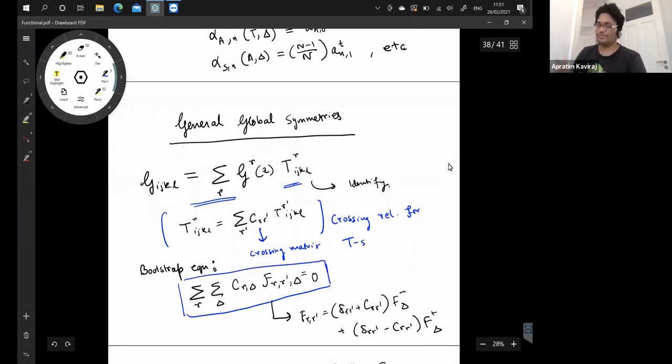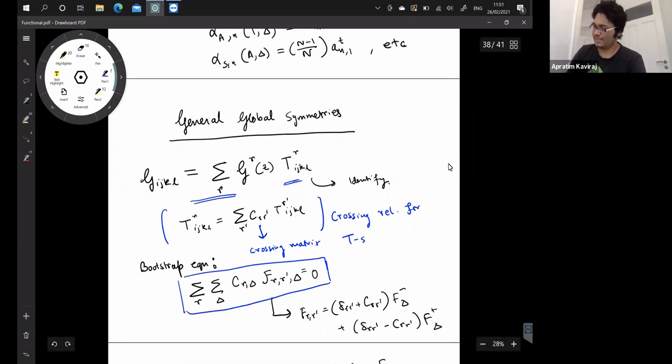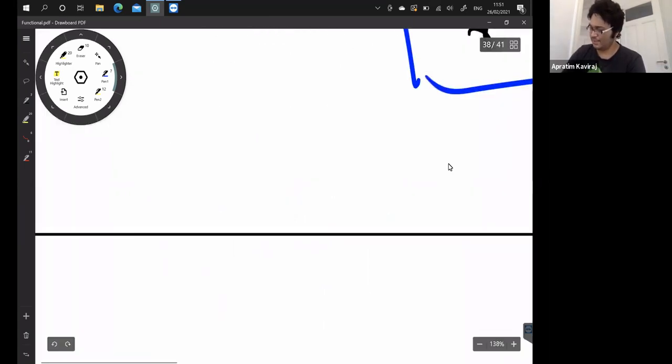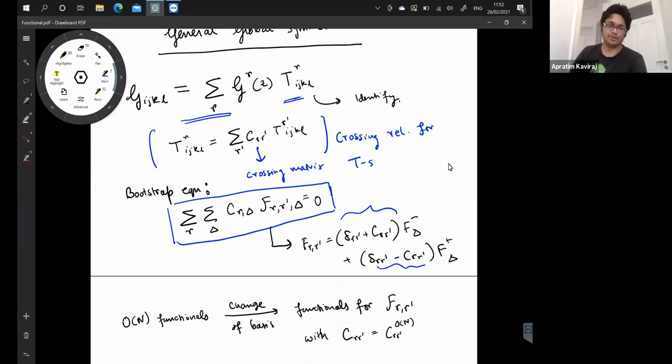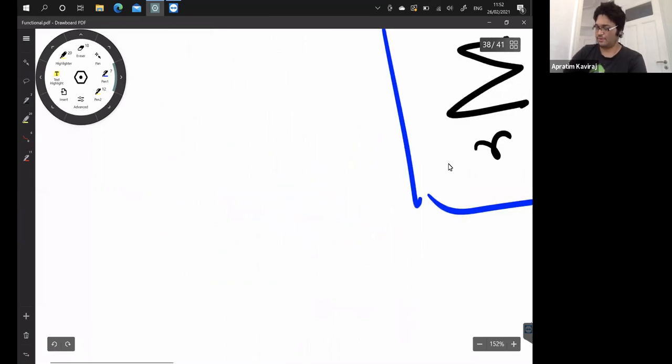This is how the generic Bootstrap equation can be written, where this curly F R R prime is written in the following way: a certain matrix times F minuses and another matrix with F pluses, and these matrices directly depend on the crossing matrix C.